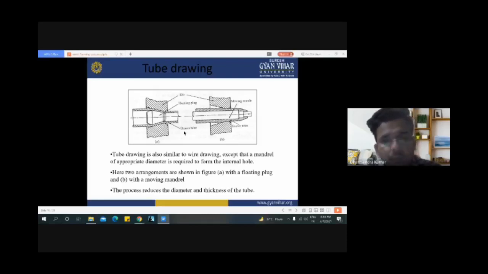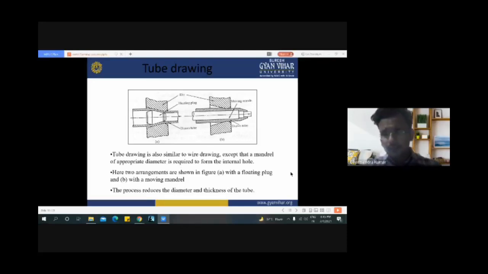There are two types of drawing process. One is the wire drawing process, which is suitable for production of wires, and the other is the tube drawing process, which is suitable for production of tubes. Tube drawing is also similar to wire drawing, except that a mandrel of appropriate diameter is required to form the internal hole.